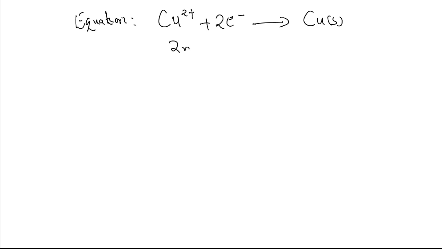So we have 2 moles of electrons with a mass of 63.5 grams of copper. What of the so-called calculated moles, that is 0.1399 moles?